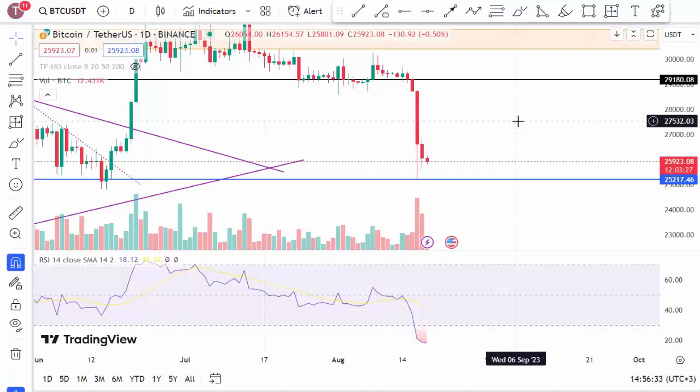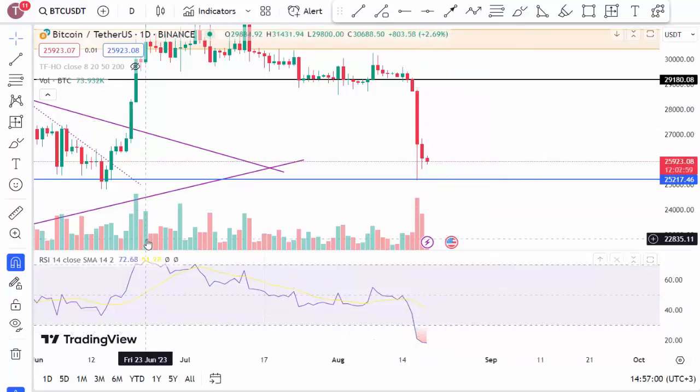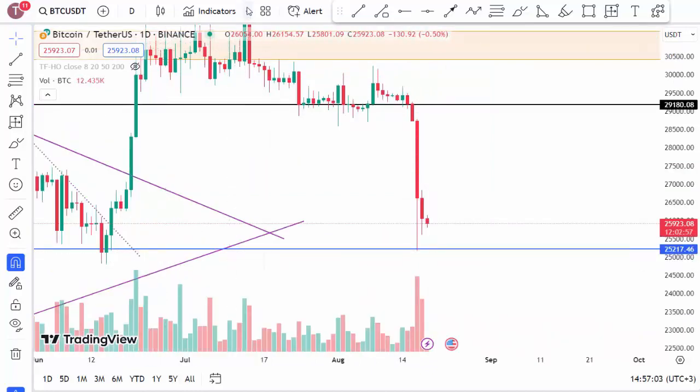If the 30 level is breached upward and heads towards the 50 level, we could indeed have a possibility of seeing a significant upward movement in price. Especially, my friends, the movement from 50 to 70 would be really important for us in terms of price movement. Let's not forget this, of course. Additionally, since it's below the 30 level currently, we unfortunately cannot say anything positive.